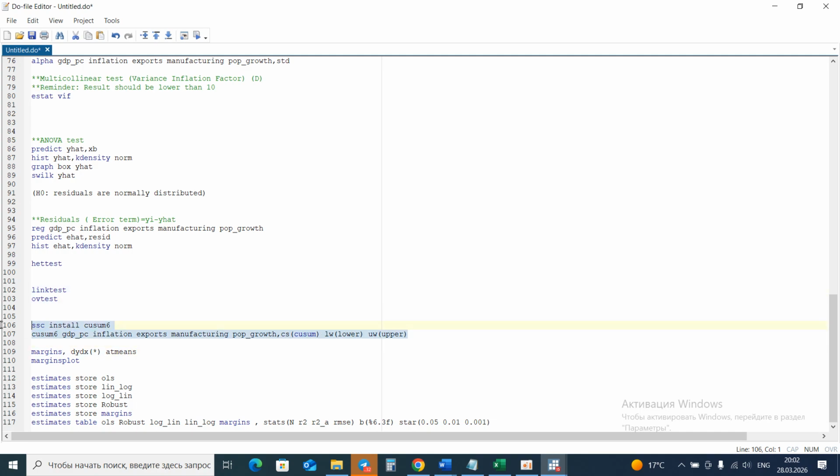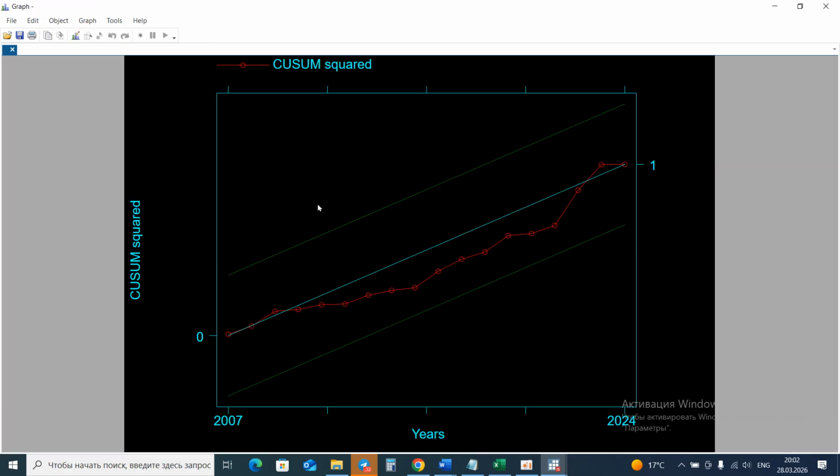So next is the CUSUM test. The most beautiful one actually. And the CUSUM stability test suggests that the model is generally stable over time, although minor structural shifts may occur. As you can see, my line here is in the interval, between these lines.